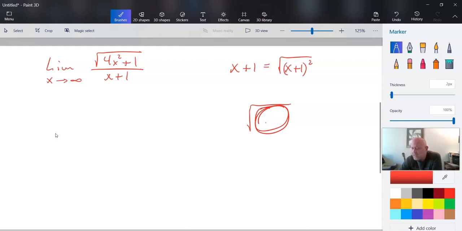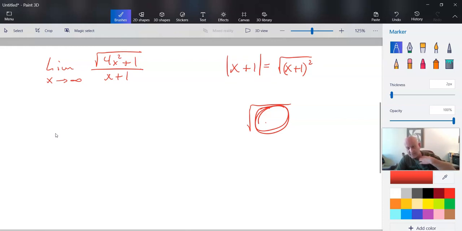And it works because if x plus 1 ends up being negative, when I square it, it makes it positive, and then I take the square root, and that's positive also. So really, when I take the square root of a square, I'm taking its absolute value. That's actually one of the definitions of absolute value.